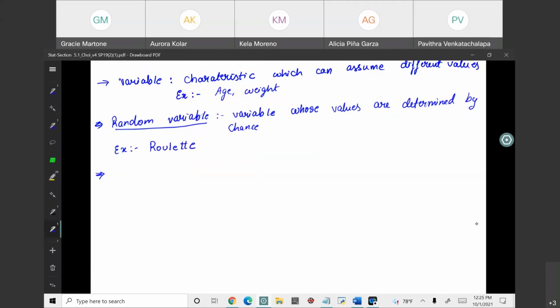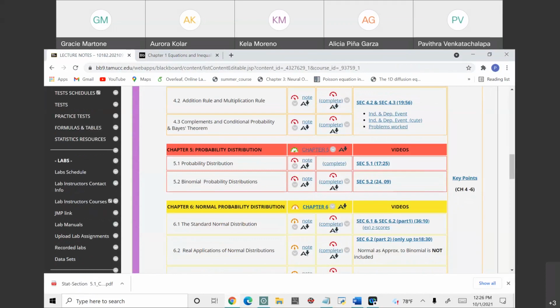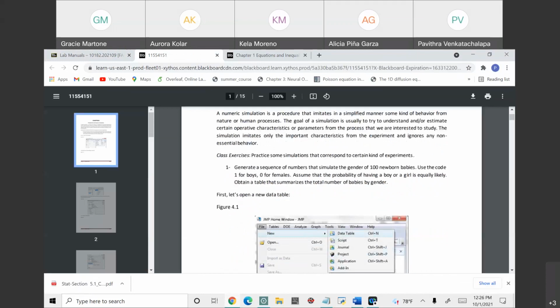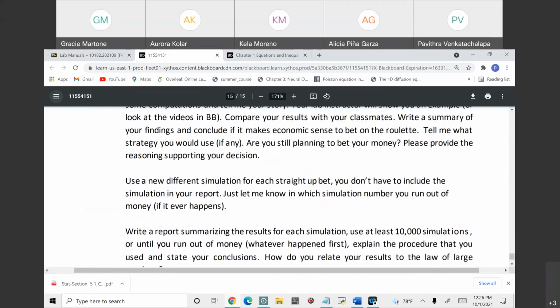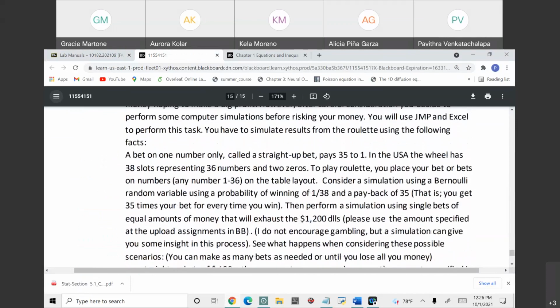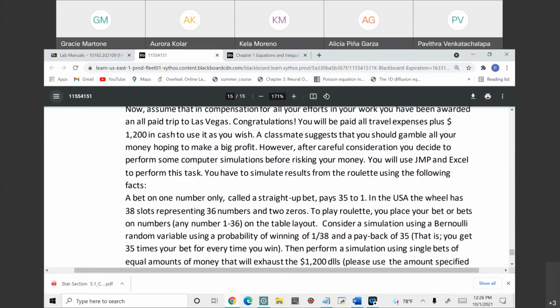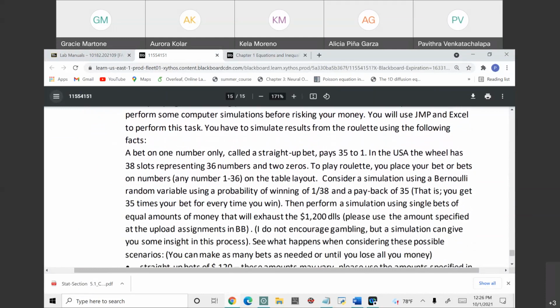Rowlett. Okay, so if you go to the chapter 4 assignment question, in line number 4 they say consider a simulation using a Bernoulli random variable.